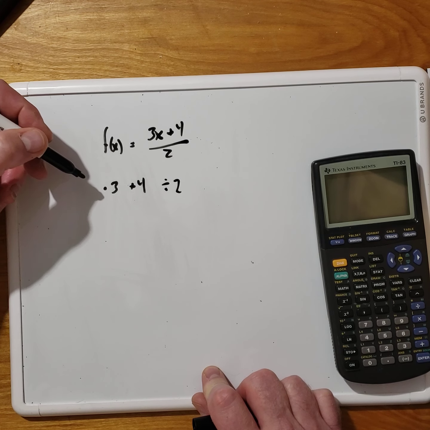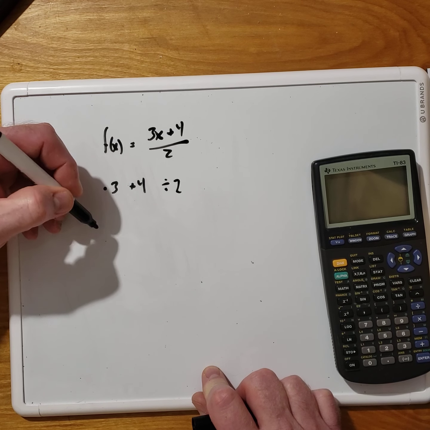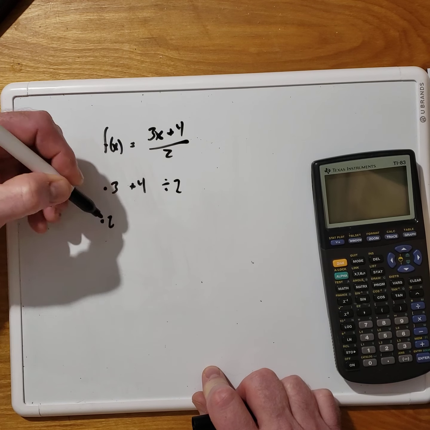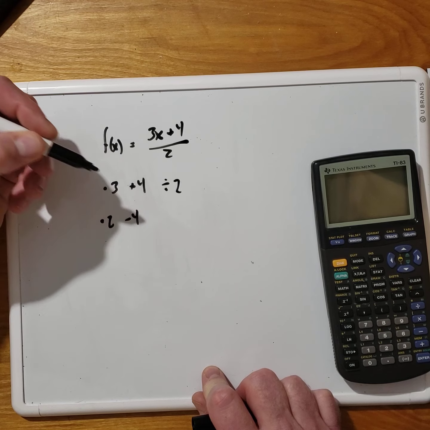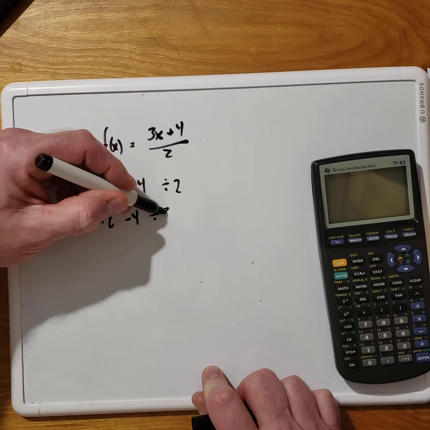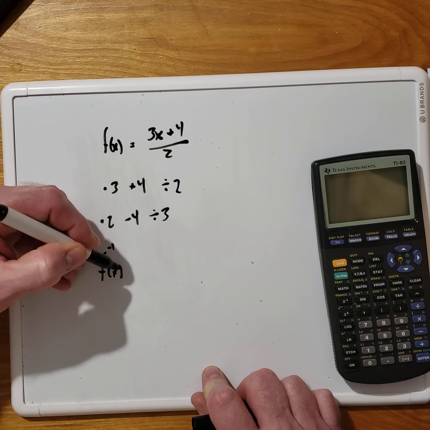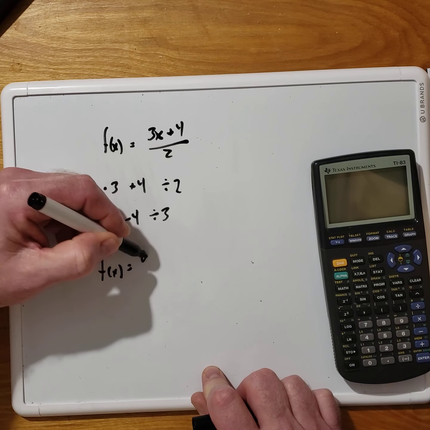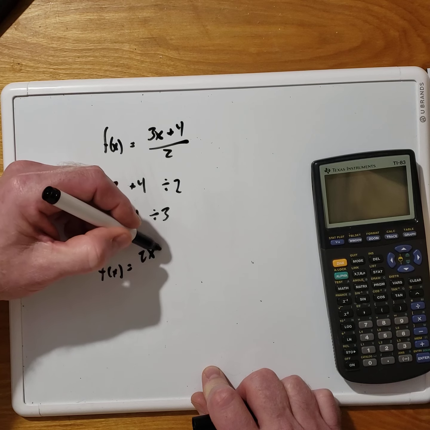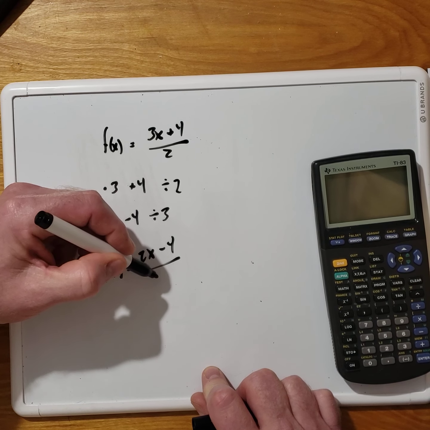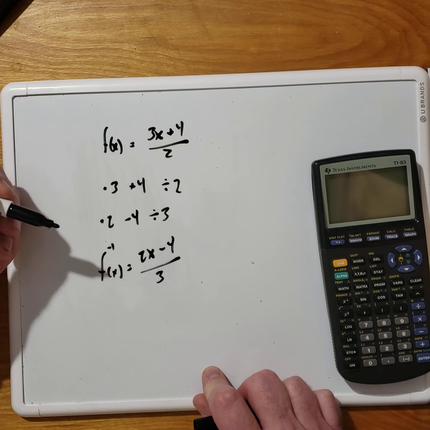We want to undo those operations in the opposite order. We'd want to multiply by 2, then subtract 4, and then divide by 3. And that would give us our inverse. So our inverse here is multiply the x by 2, subtract the 4, and then divide by 3.